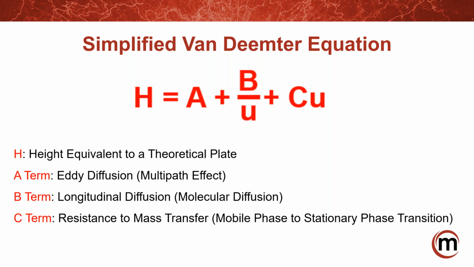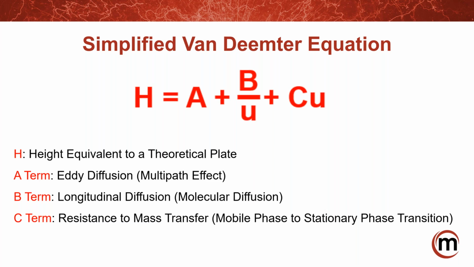So the A term is your eddy diffusion or the multipath effect, or the way the analytes travel through the analytical column through the interstitial. The B term is your longitudinal diffusion, or how the mobile phase also sort of diffuses as it passes through the column.